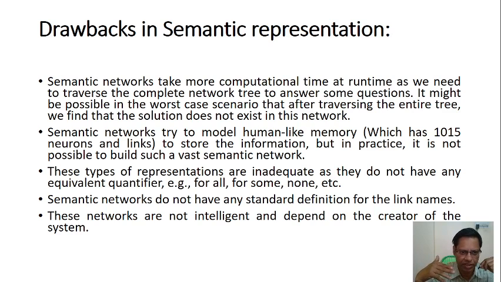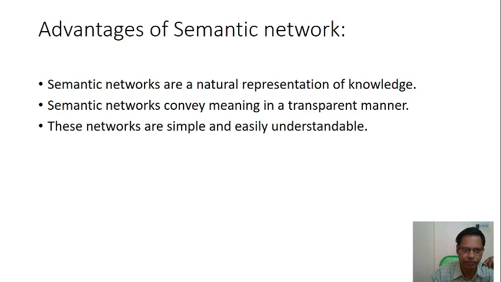Semantic networks do not have any standard definition for the link names. These networks are not intelligent and depend on the creator of the system. Based on the instructions we give, the system works. That is the limitation of semantic networks.